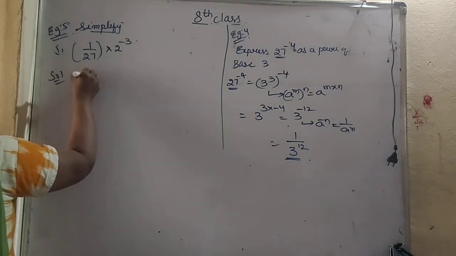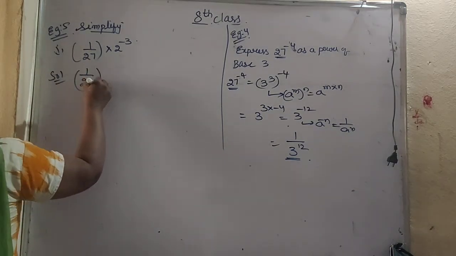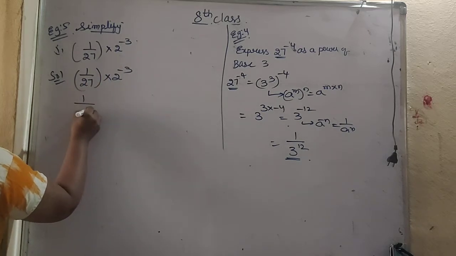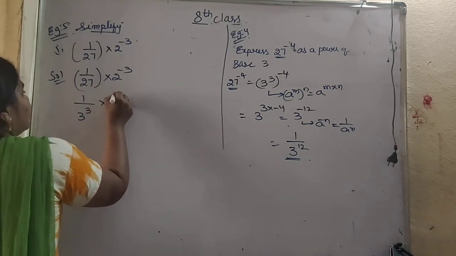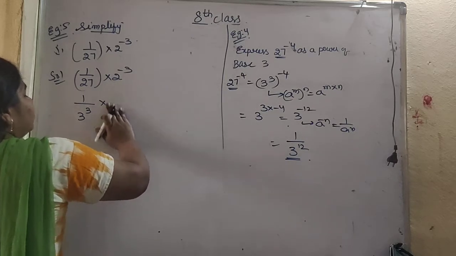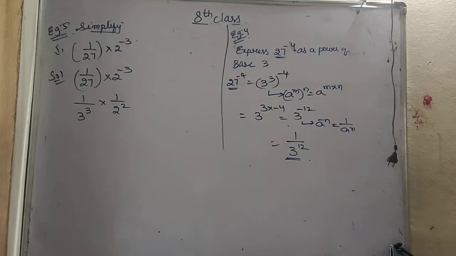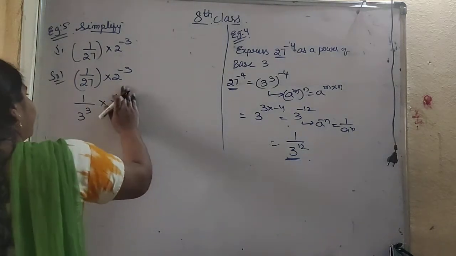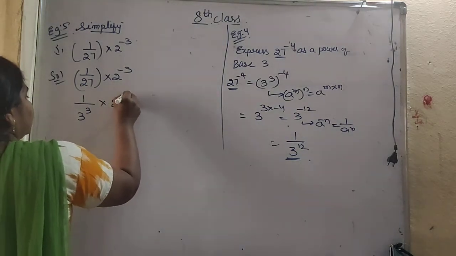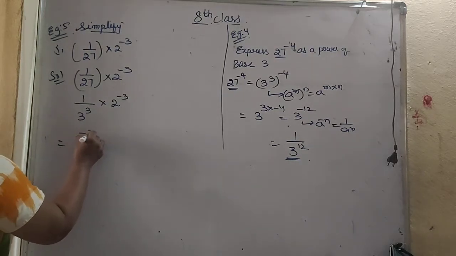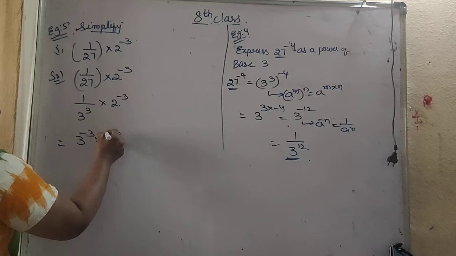So this 27 we can write in the form of 3 cube into 2^(-3). This 2^(-3) we can write in the form of 1 by 2 square. Or if you want to convert, you can leave it as it is. So this one you can write in the form of 3^(-3) into 2^(-3).